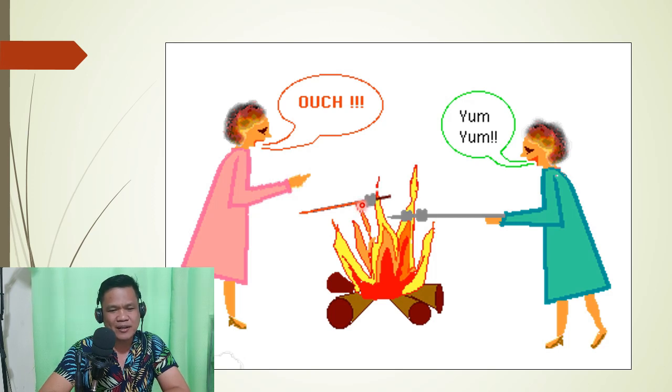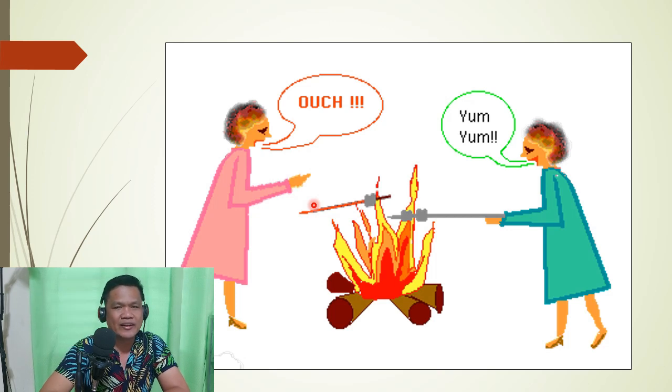If you try to use the metal rod to roast marshmallow, not only the marshmallow will get hot. Of course, it's also the metal rod because metal is a conductor. That is why metal is called a conductor of heat, because it easily conducts heat. And the process when it conducts heat is called conduction.